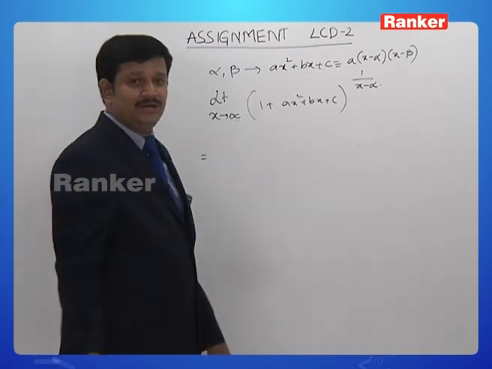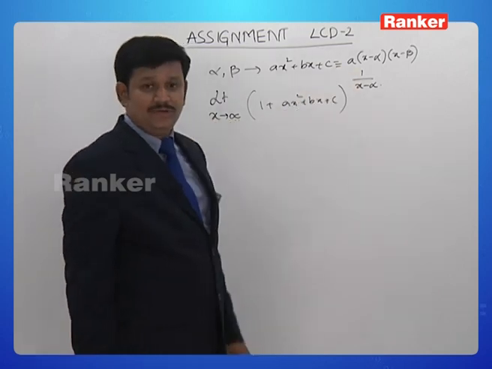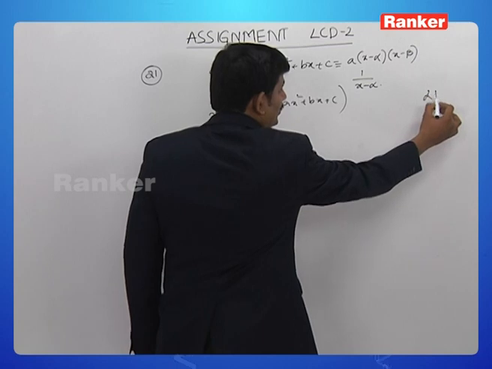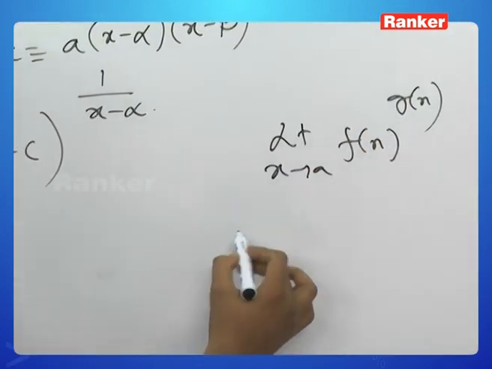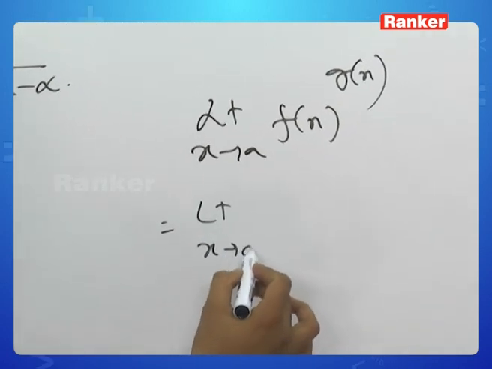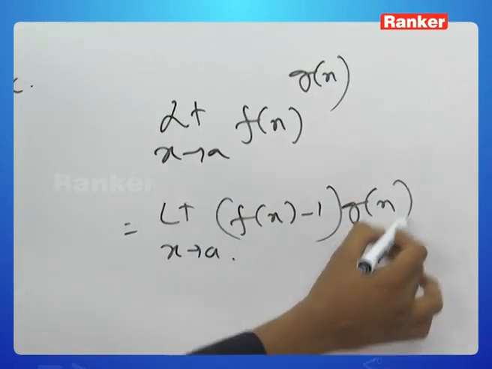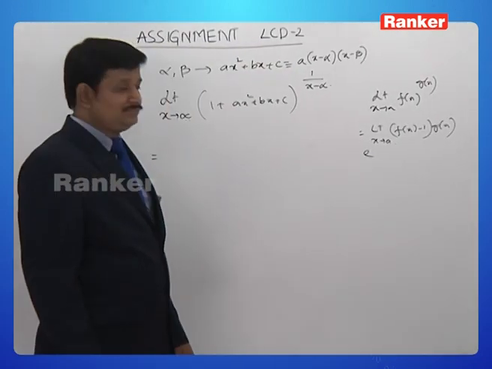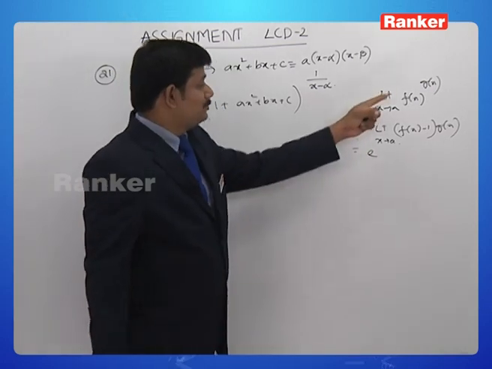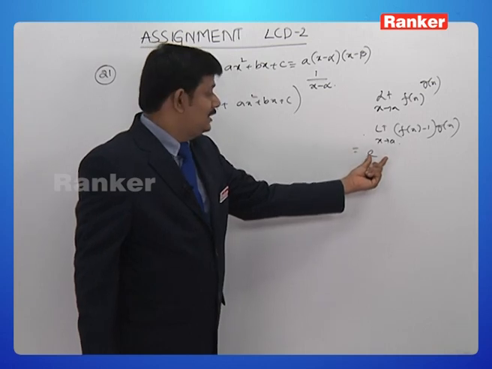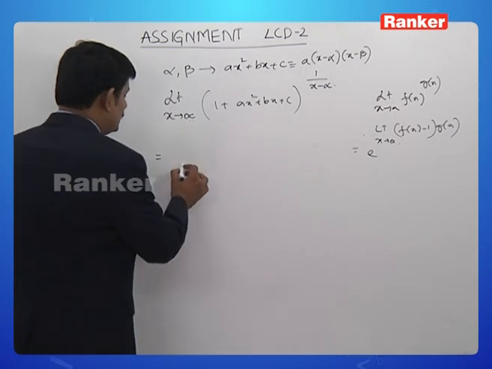And in every 1 power infinity form, the limit as x tends to a of f of x power g of x, we write as e to the power of the limit as x tends to a of (f of x minus 1) into g of x. Let us use that here.